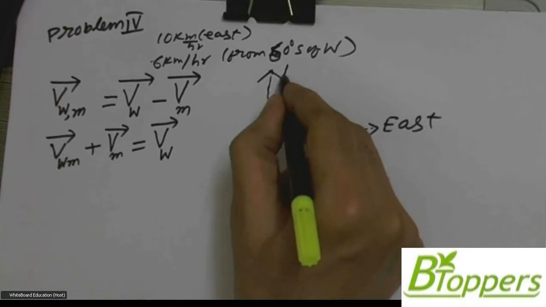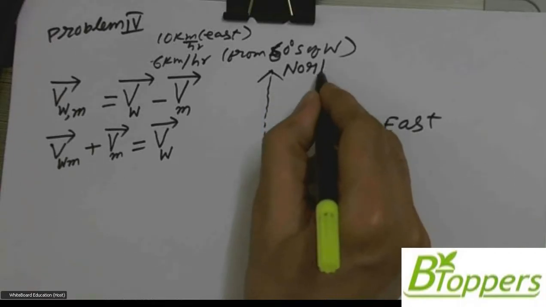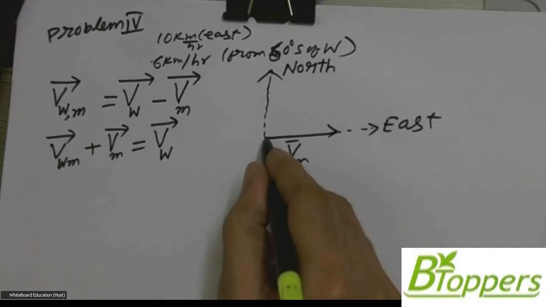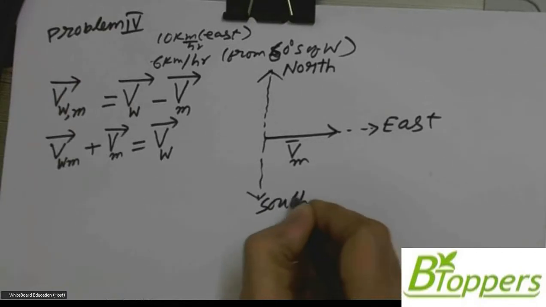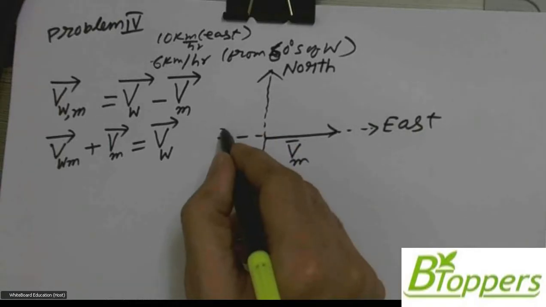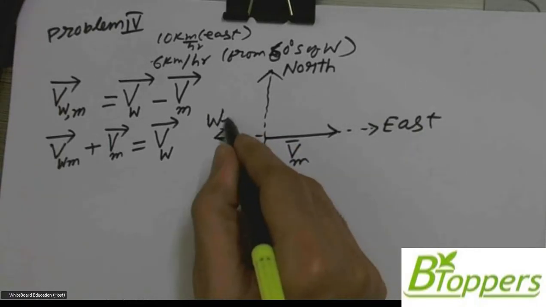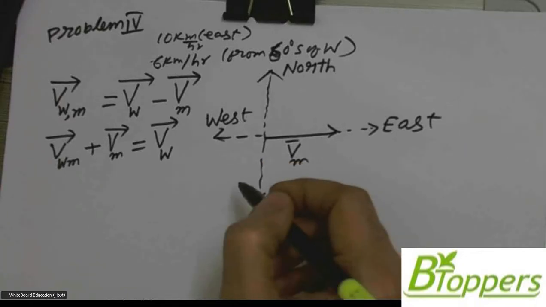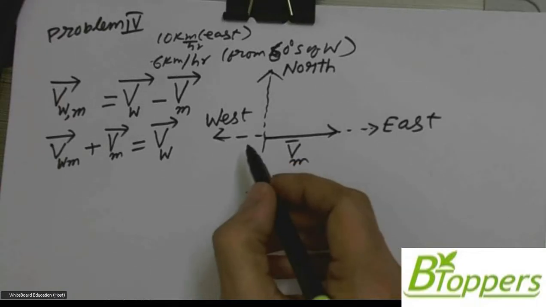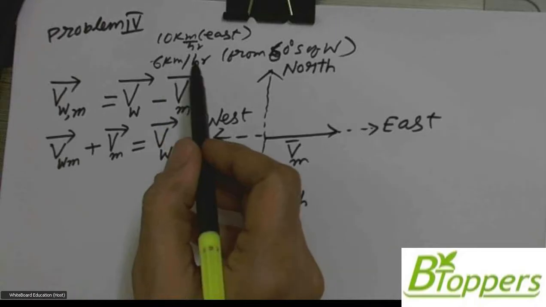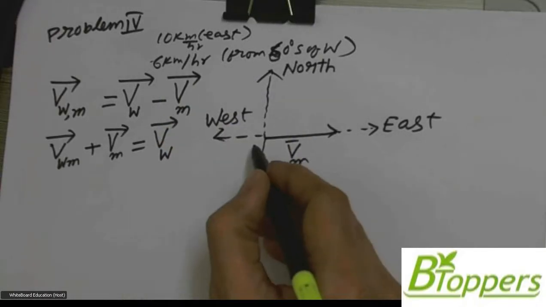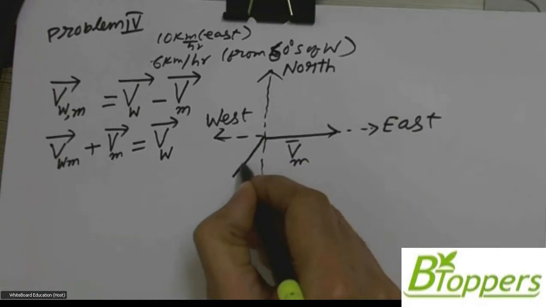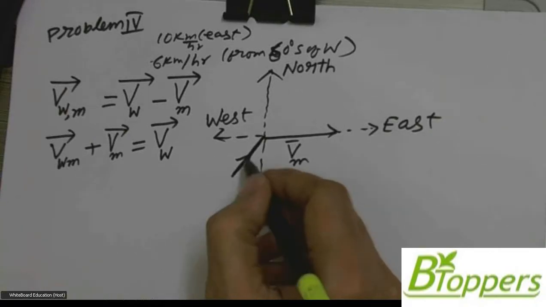The diagram is in the horizontal plane. The velocity of the wind with respect to the man is 6 km per hour from the direction 60 degrees south of west. Not along this direction, from this direction. It means it is like this.